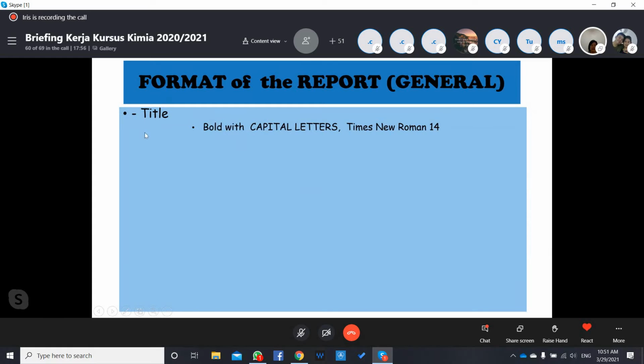Just now, title. So for title, I think this one I have printed out also. You just need to take note here. So for title, bold, capital letters, and the Times Roman is 14. This one is MPM requirement. Your title must be stated. This year the theme is more of electrochemical or analysis process.